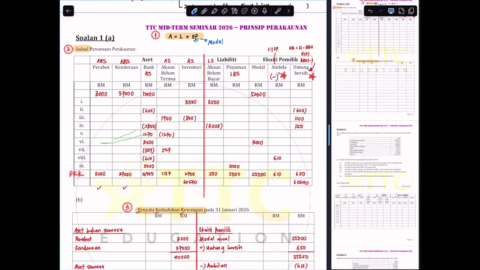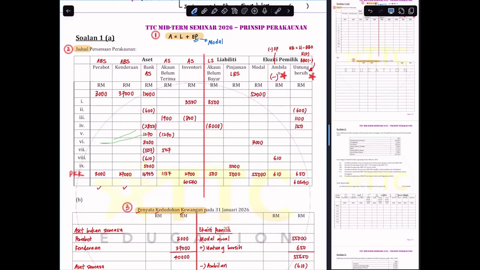Without anything in the company, can you run business? Cannot, right? So make sure that is modal in any business.